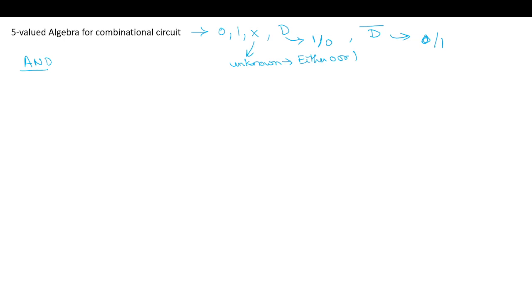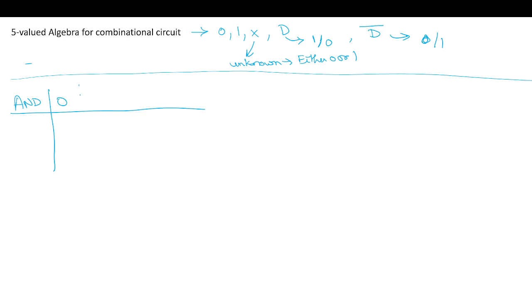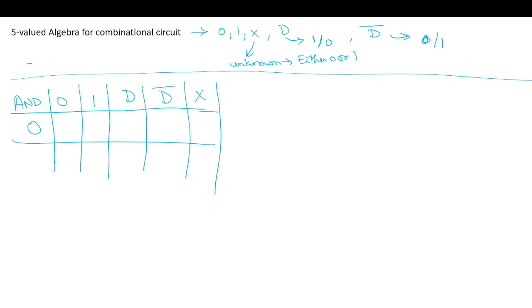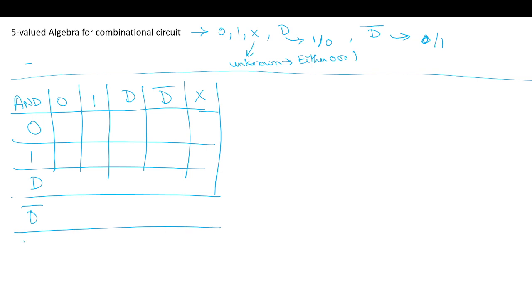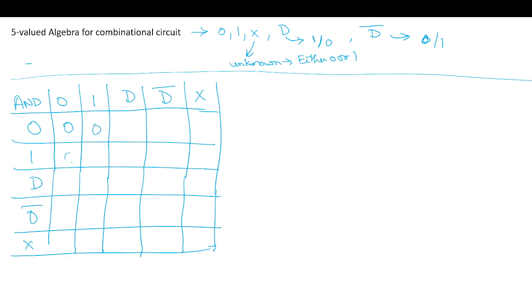So now let's define this for the basic gates. So this is the normal truth table. 0 and 0 is 0, 0 and 1.